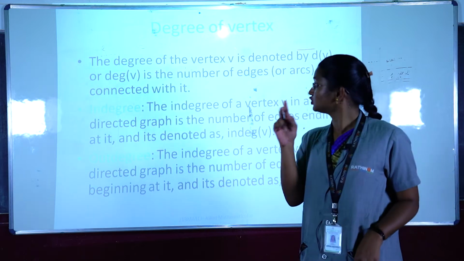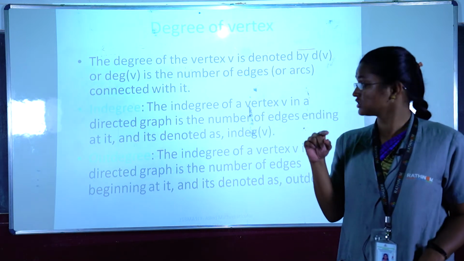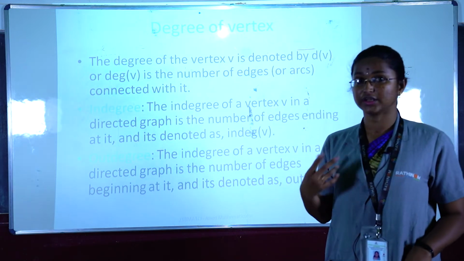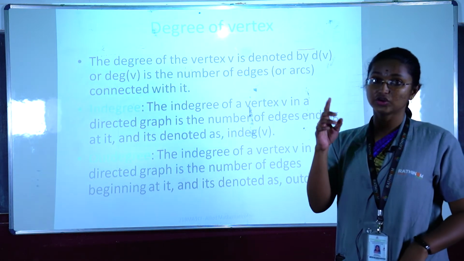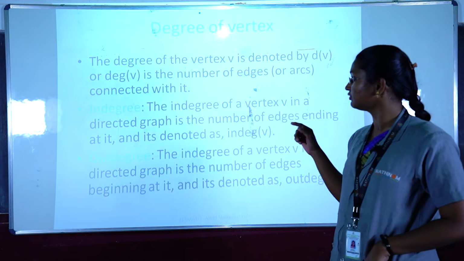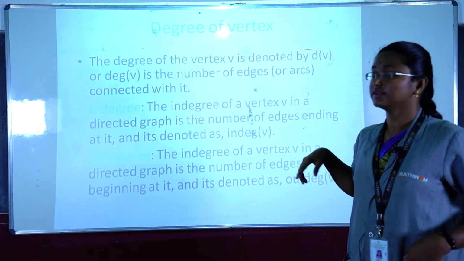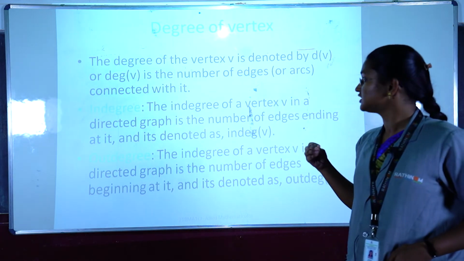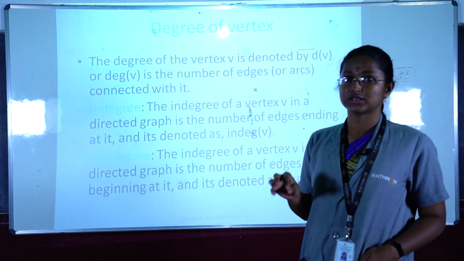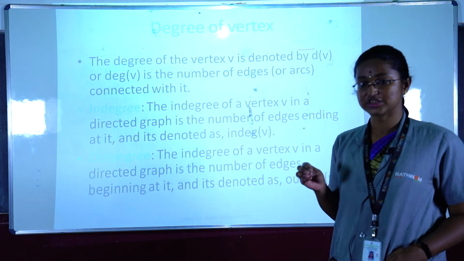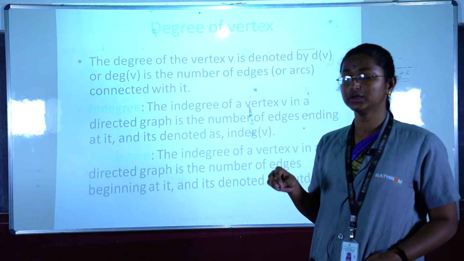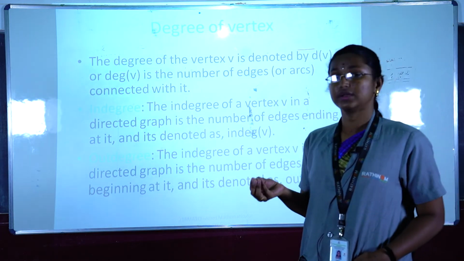There are two types of degree: in-degree and out-degree. The degree of a vertex is denoted by d(v) or degree of v. That is the number of edges connected with the particular vertex. If we take the vertex v, then the number of edges connecting to that vertex is called the degree of the vertex.